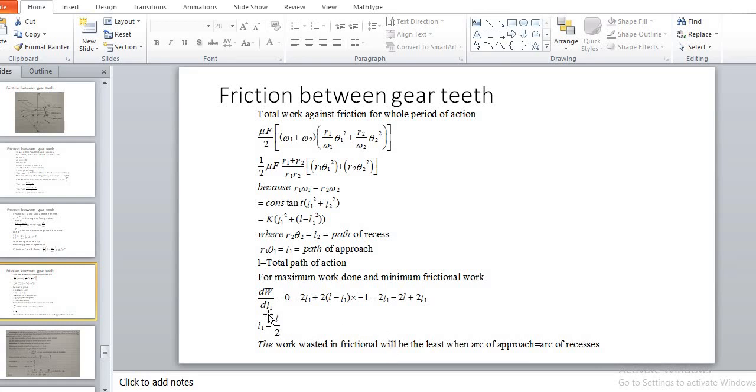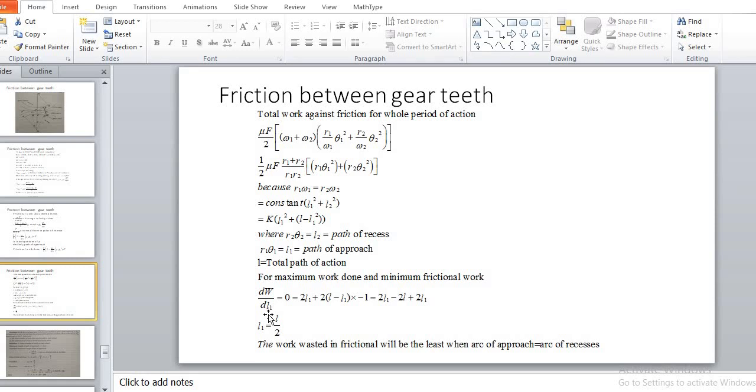So this is the derivation for friction between the gear teeth. To find the friction between gear teeth, we have to find the work done, which is force into distance. The frictional force is mu by cos phi, and the distance we calculate as velocity into time, where the velocity is the sliding velocity, and we consider the average velocity.